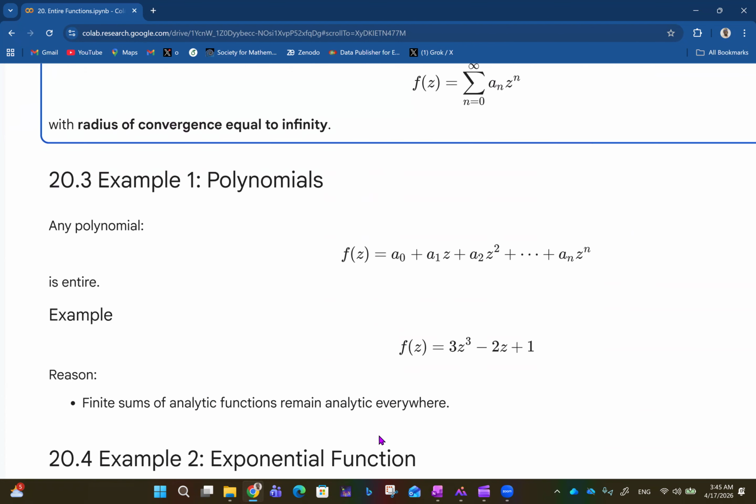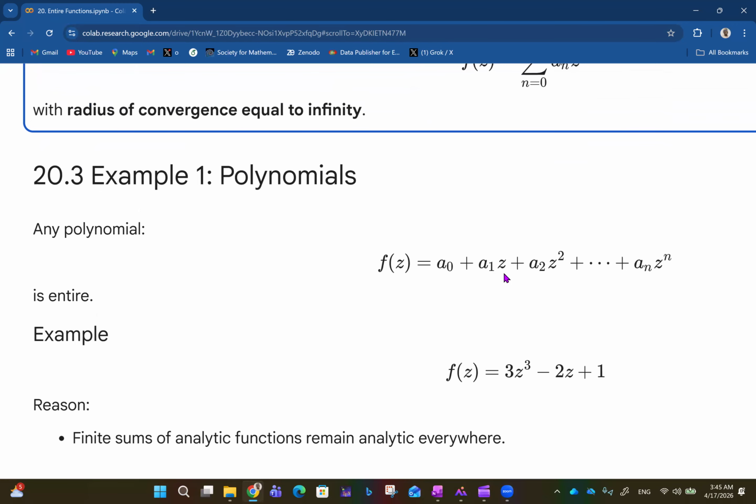So straight up, we have examples. Any polynomial f(z), which is a_0 plus a_1 z plus a_2 z squared plus all of that up to a_n z^n, is entire. This is like a polynomial thing. So it's more like a corollary for everywhere differentiability, and that is true for polynomials.